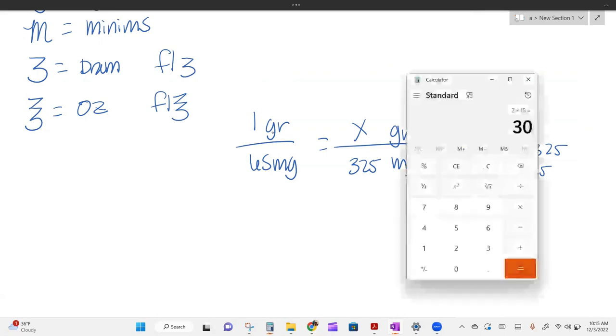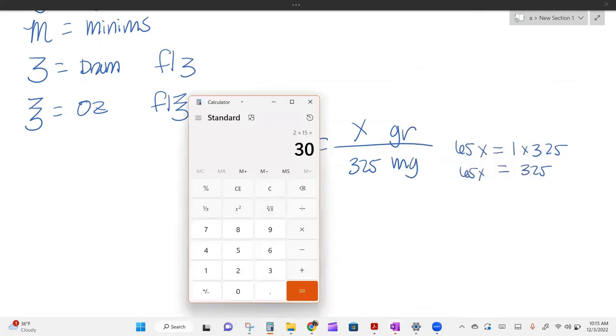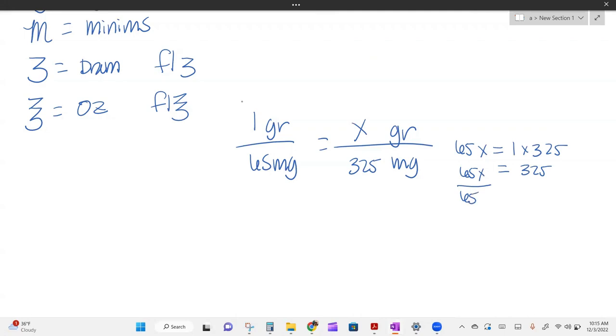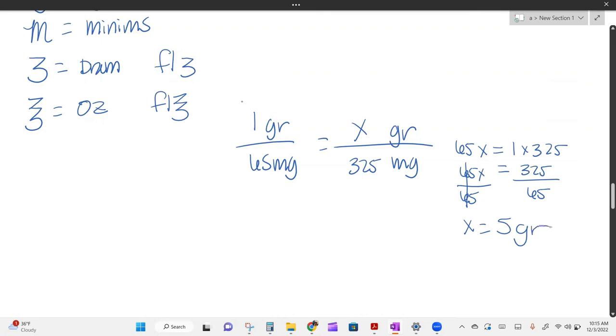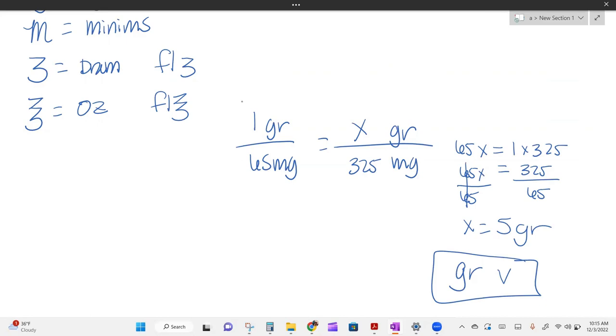We want to get x alone, so we need to divide by 65 here, and then also divide by 65 here. Which gives us 5 grains, which in the apothecary system we would write as GR for the symbol first, and then V for 5. So that would be your answer.